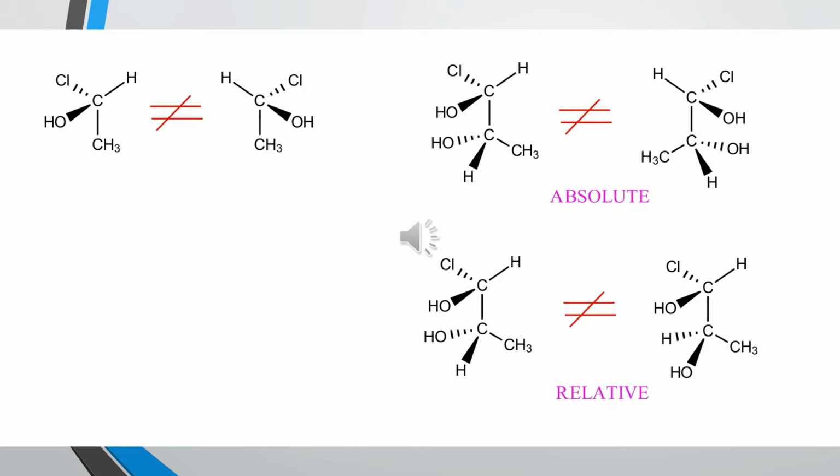the pair in the lower right are not mirror images. They're not mirror images because what I've done is I've changed the configuration of the second chiral carbon. Notice I've switched the OH with the H, but I haven't switched the original chiral carbon.